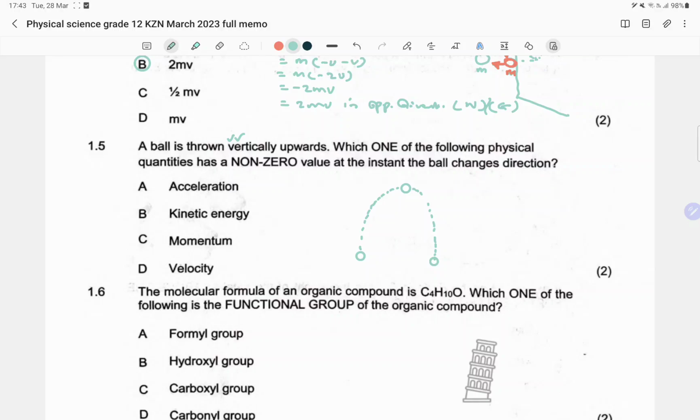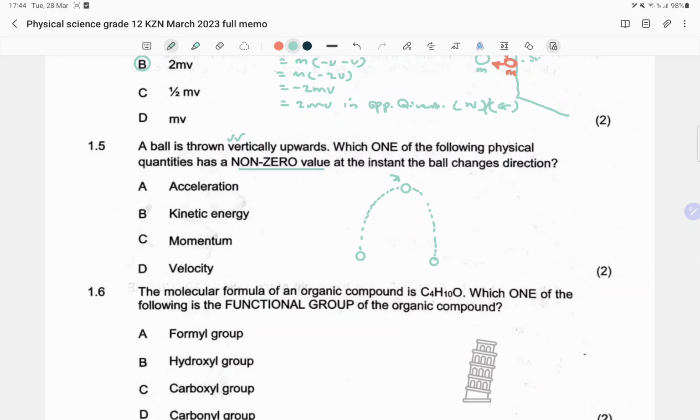Which one of the following physical quantities has a non-zero value the instant the ball changes direction? Meaning at this instant it is non-zero. So we know here no one talked about ignoring effects of air friction whatsoever.